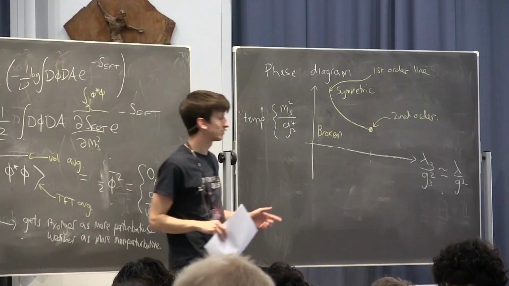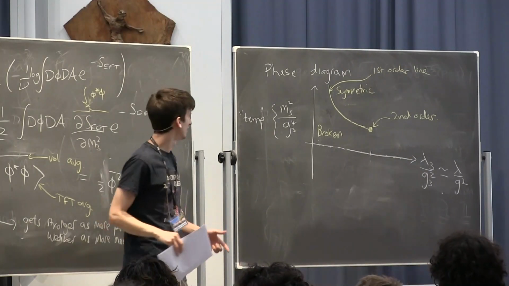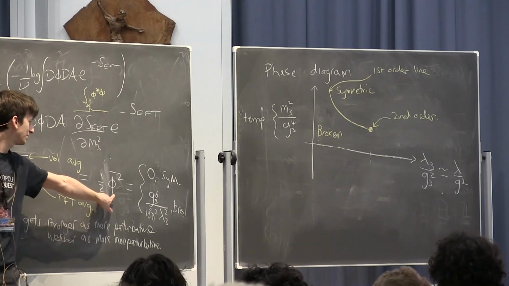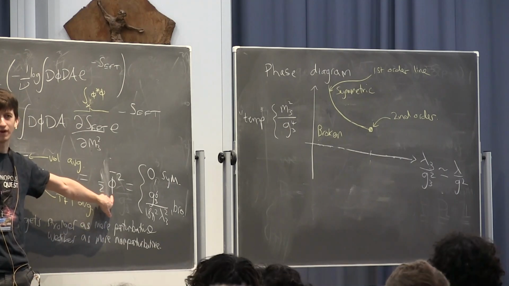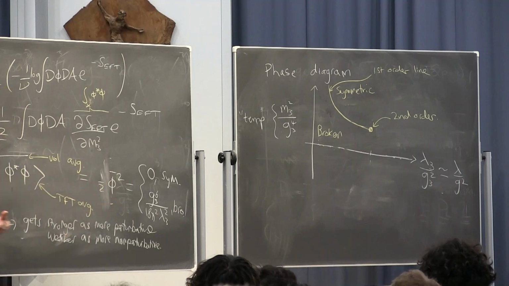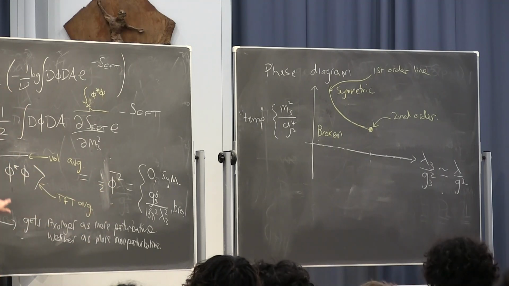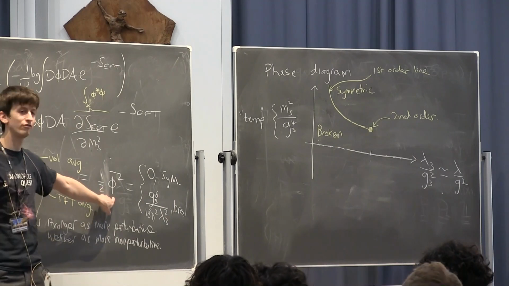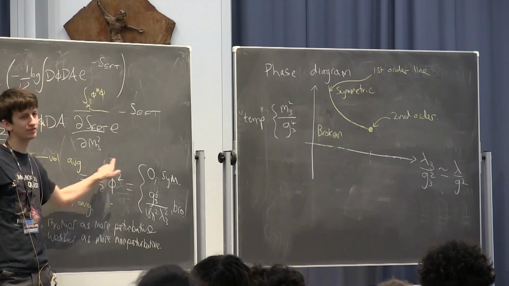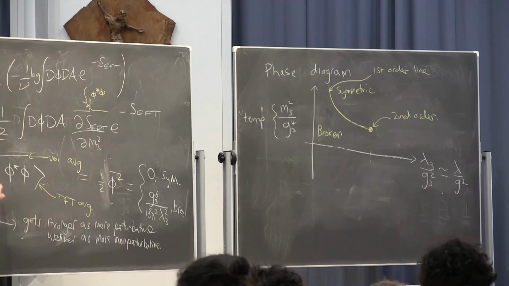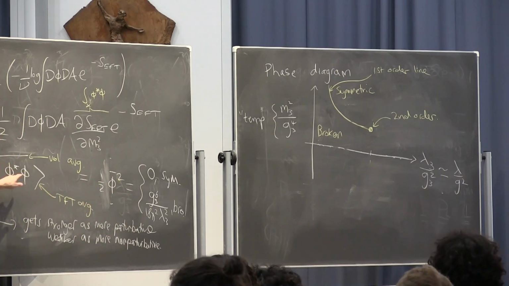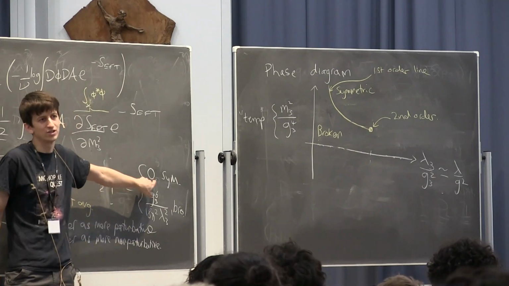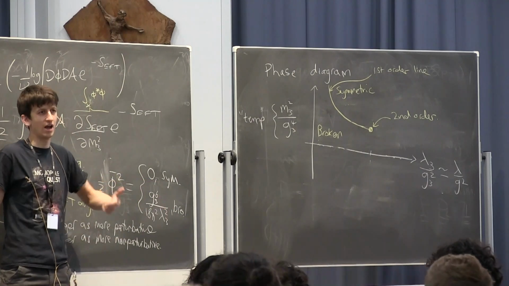And the reason this can happen is because we don't have a global symmetry breaking, because the order parameter is not phi bar. Even though in perturbation theory it seemed like the relevant quantity was phi bar, when we look at physical things like the latent heat, it's actually phi star phi which turns up. So although this turned up in gauge-fixed perturbation theory, this is really the physical thing that turns up. And this thing, although it's 0 in perturbation theory at leading order, it's not 0 at higher orders.